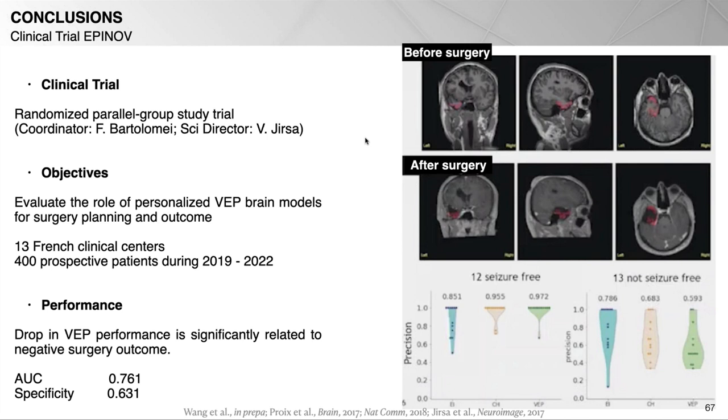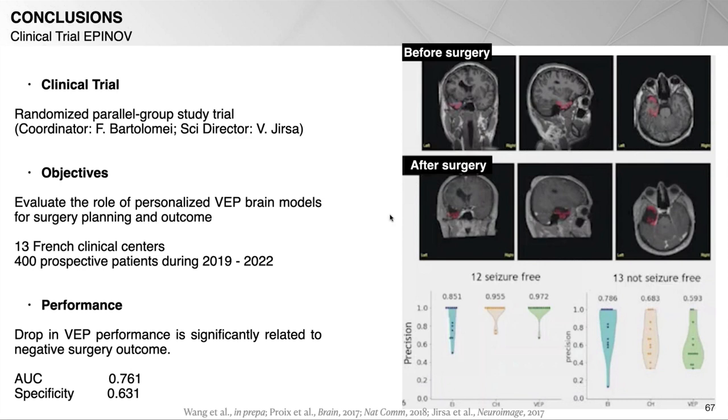So for the moment, 53 patients have been reconstructed with the deep learning and Bayesian algorithms. And they already have 25 post-MRI, which you can see here in examples. And in red, it is the epileptogenic zone.